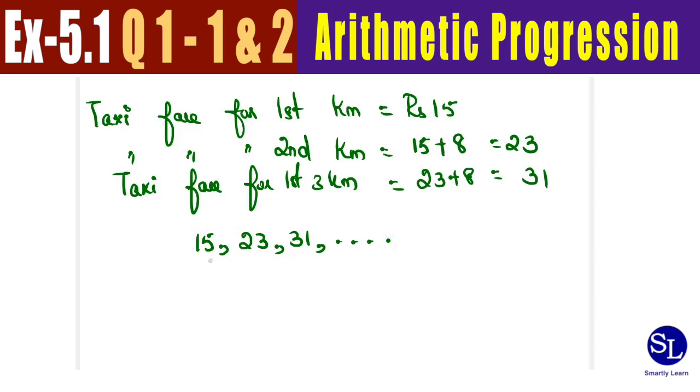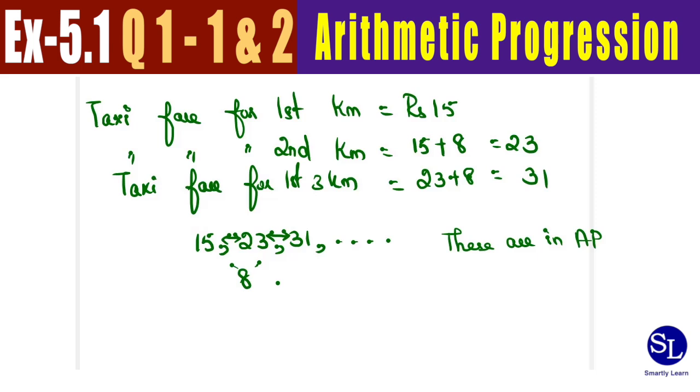The first number is 15. The second number is going to be 8 more than 15. If you find the gap between 15 and 23, it is 8. The gap between 23 and 31 is also 8. Therefore, these numbers are in AP. So we have just confirmed that there is a common difference of 8 between every additional fare that you incur in the taxi.